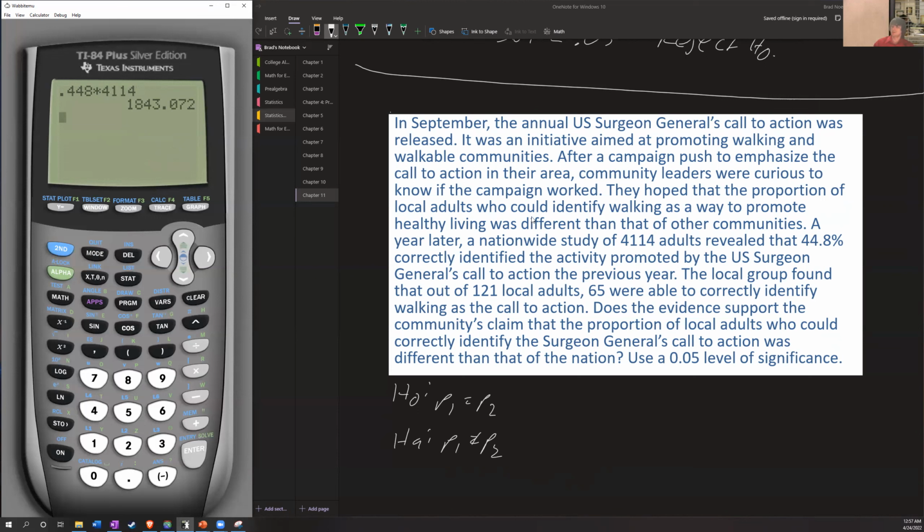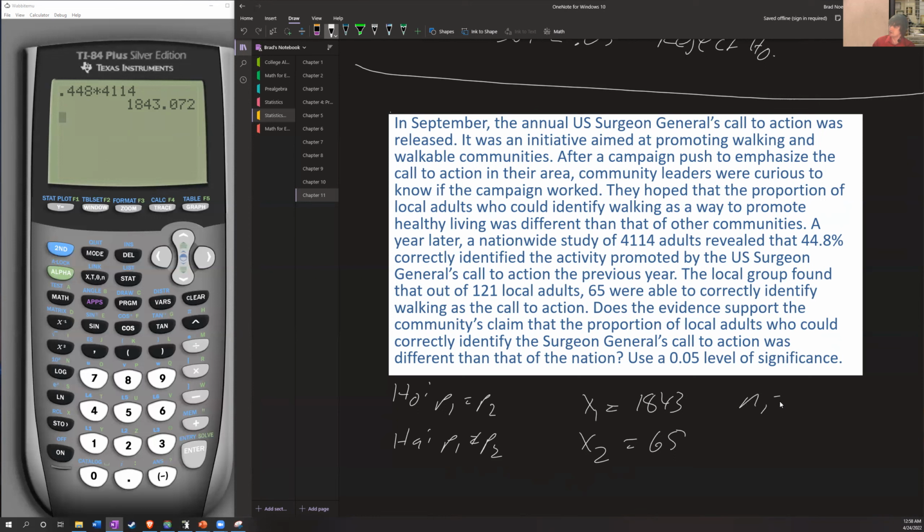Okay. So that's going to tell me that my x1 is 1843. My x2 was 65, n1 4114, n2 121. Okay.